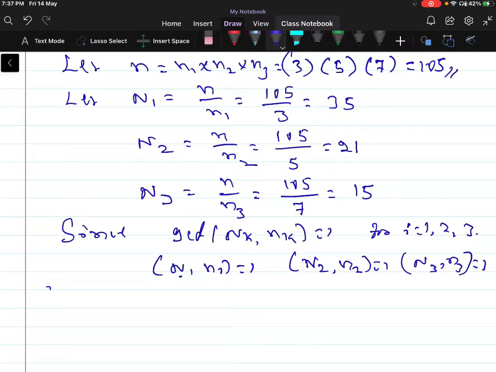We know that since GCD of a comma n is equal to 1, then ax is congruent to 1 modulo n.